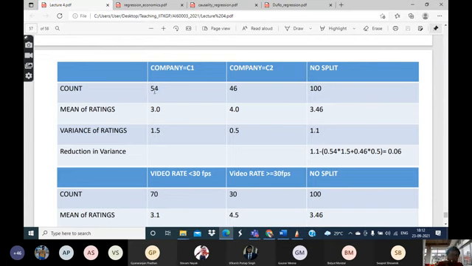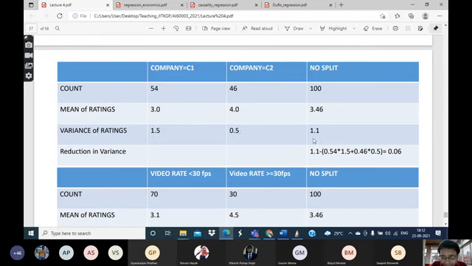Now let us focus on those 54 cameras which belong to company C1. For them, the variance of the ratings was 1.5, which is a much larger variance, which means the whole thing becomes more heterogeneous. For those in company C2, the variance of their ratings is 0.5, which means it is homogeneous.